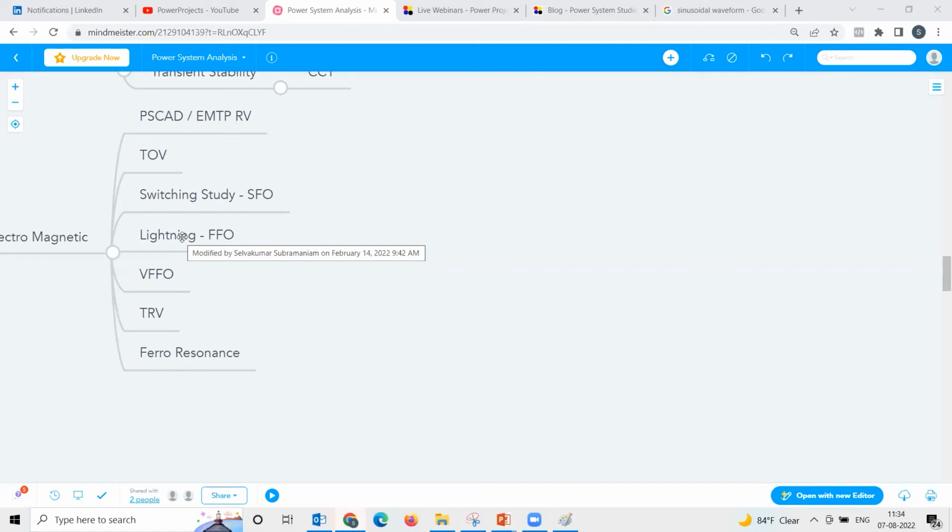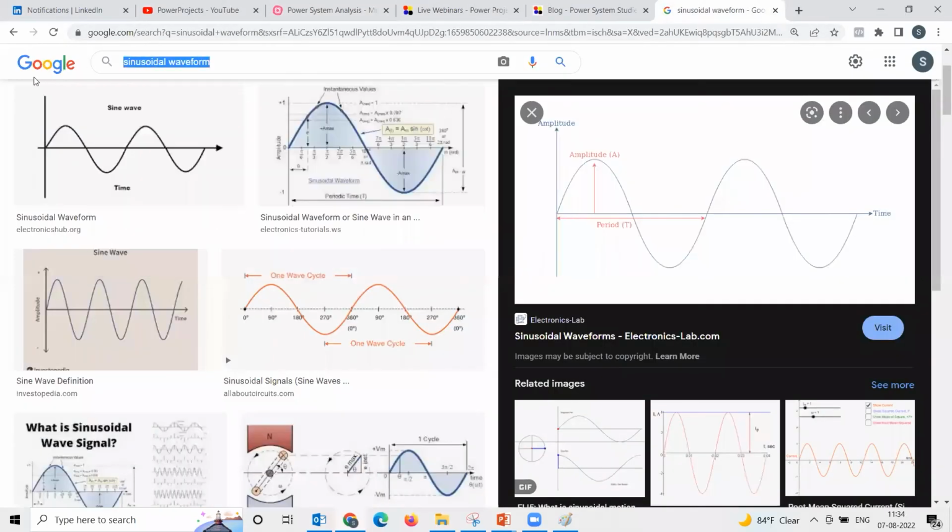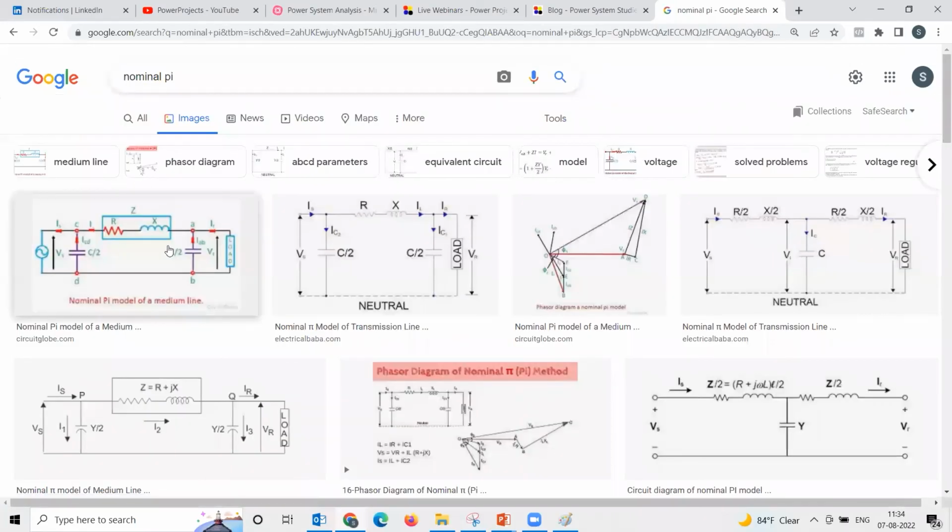Modeling of even a transmission line is completely different for RMS simulation and EMT simulation. Generally we model the transmission line as a nominal pi, right? This is how we model the transmission line, nominal pi. But if you're performing a lightning study, the transmission line has to be modeled in much more detail.